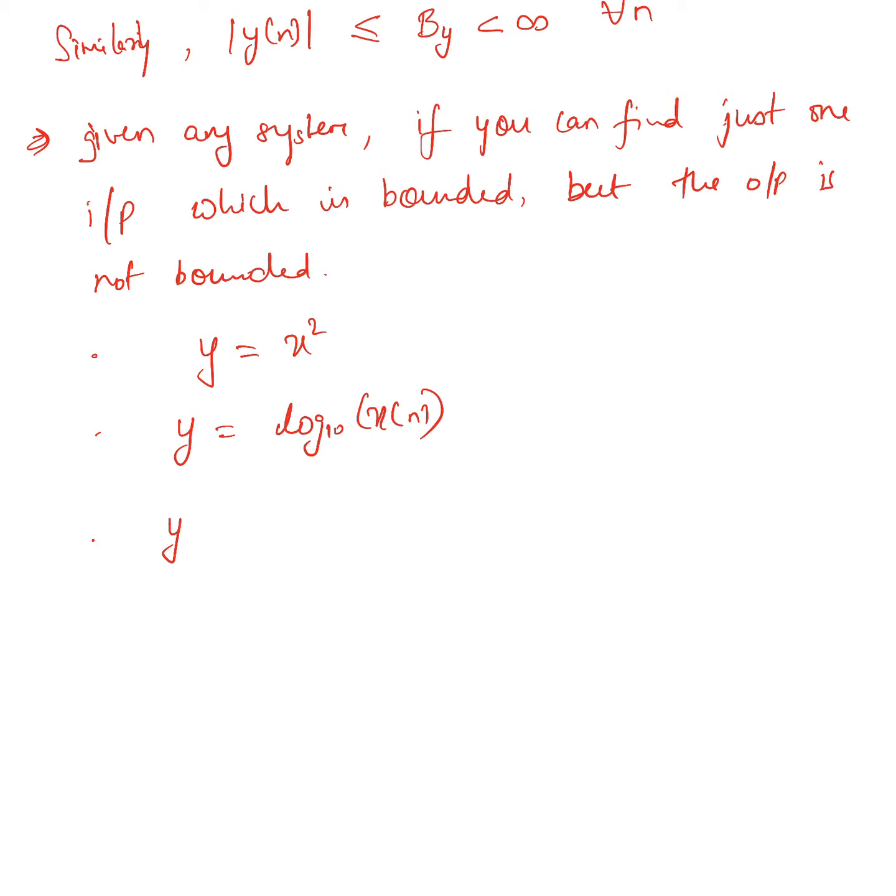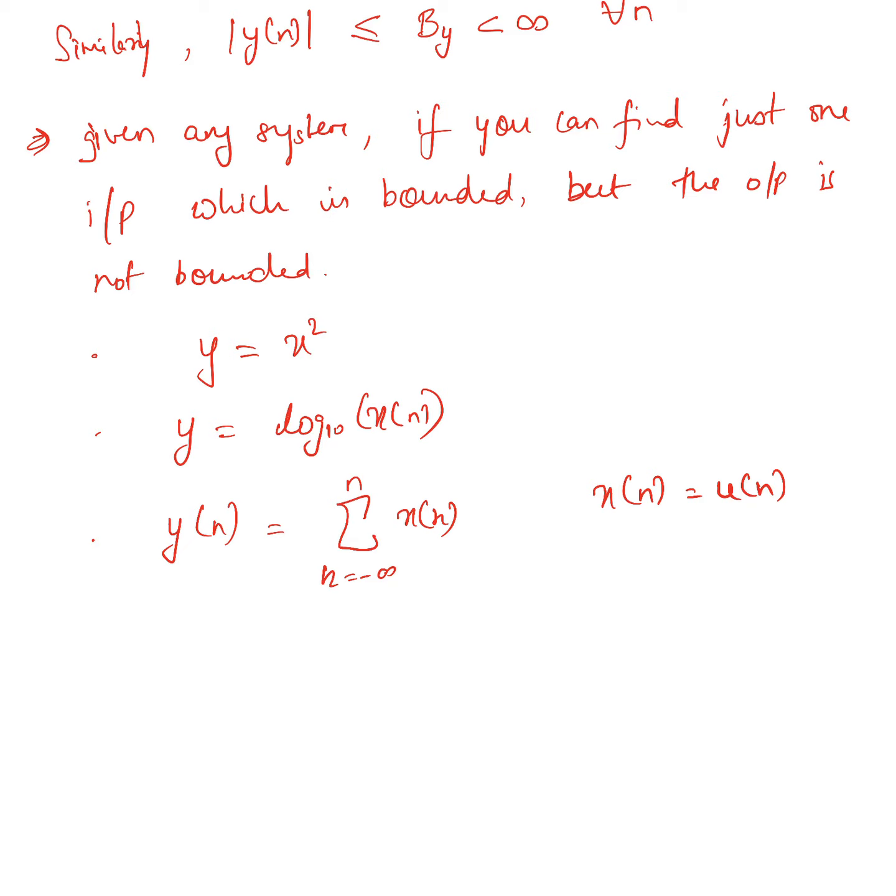Let's say another example, you have y of n, the accumulator, the sum for k equal to minus infinity to n of x of k. Is this a BIBO stable system or not? You can quickly verify this by taking, let's say, x of n equal to u of n, where u is the unit step sequence.